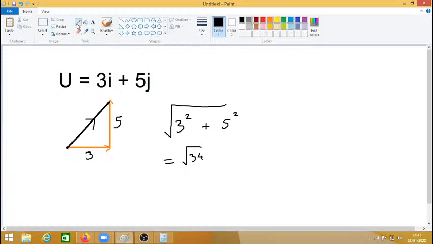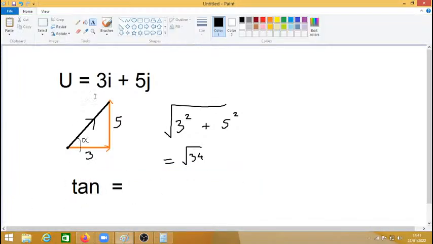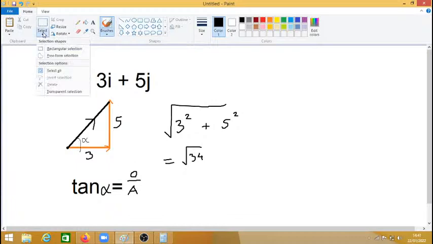Next thing is to work out the angle. So we can use tan for that. So let's call that alpha. So we can say opposite over adjacent. Tan of alpha is equal to opposite over the adjacent. The opposite is 5, so I can put 5 at the top.